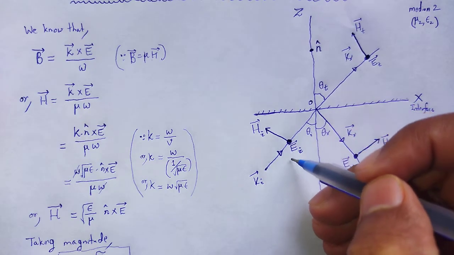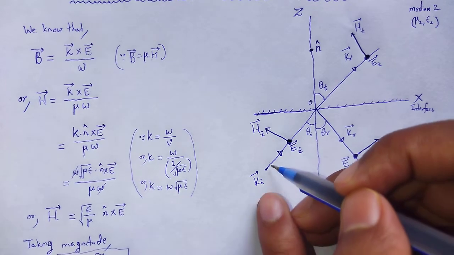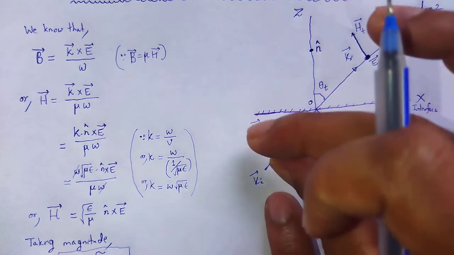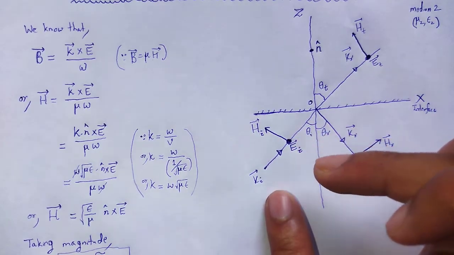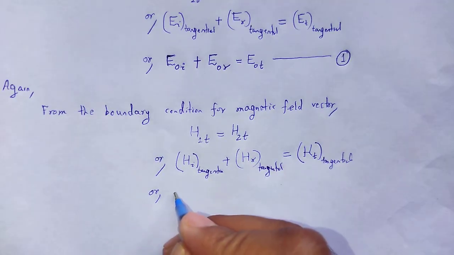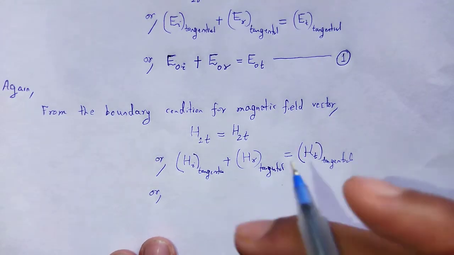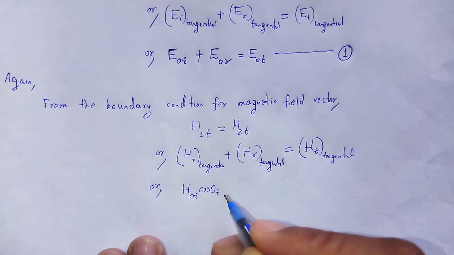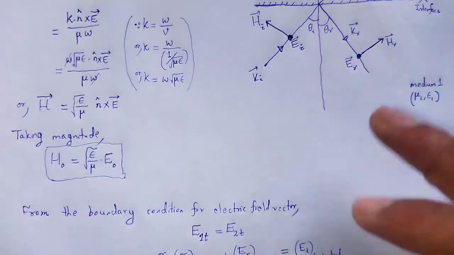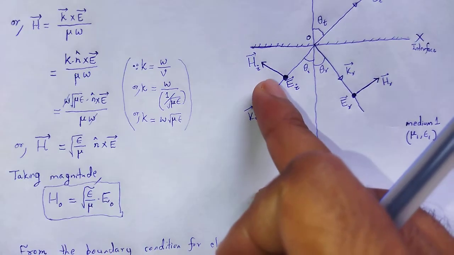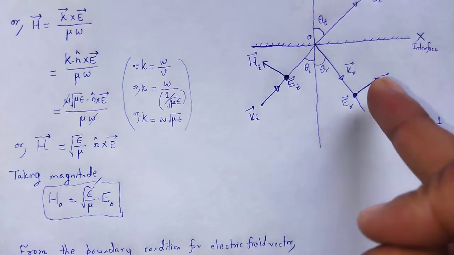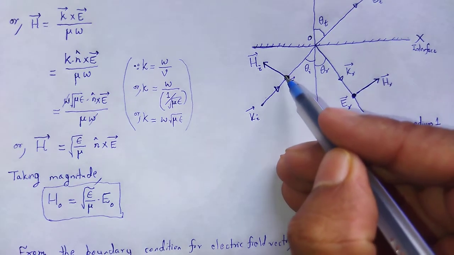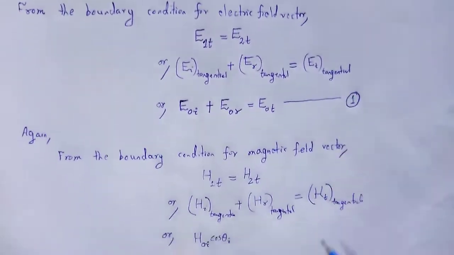When we draw the normal to the incident wave propagation direction, that creates an angle of theta I. So its tangential component is nothing but H_I cos theta I. Here H_I cos theta I, and we choose the magnitude parts, that is H O I cos theta I. If we prefer that as negative, then for the reflected wave the tangential component is taken as positive, since that one is opposite to this one. Here I take a negative sign for that.